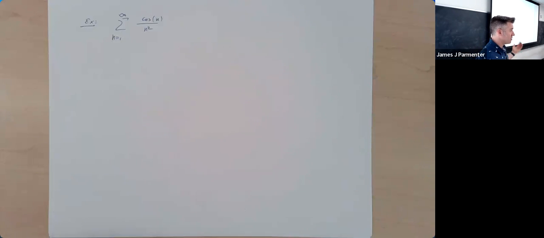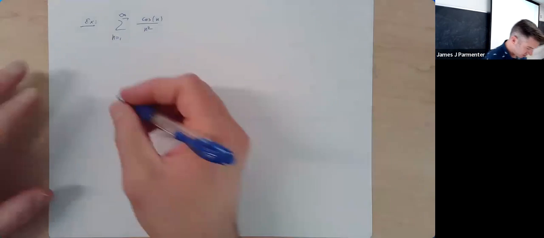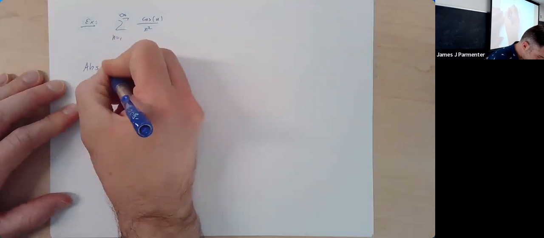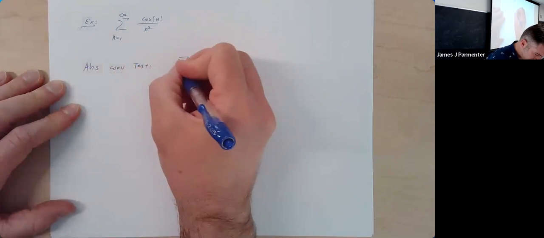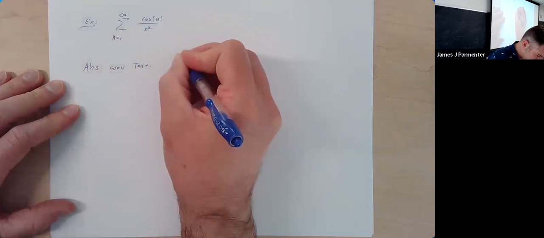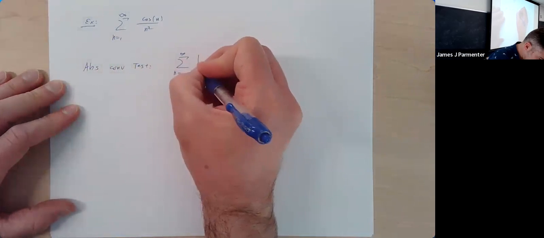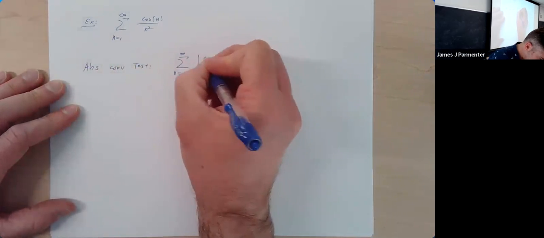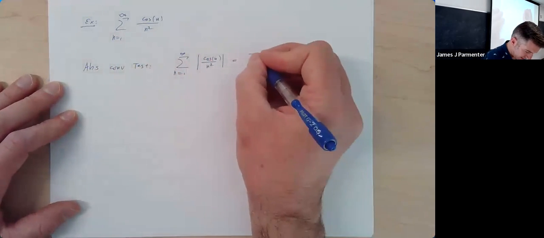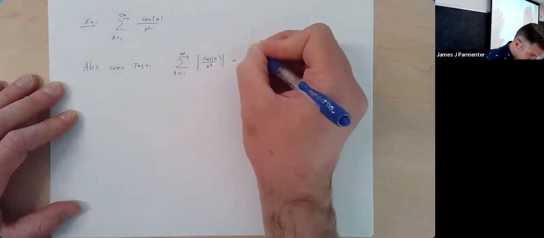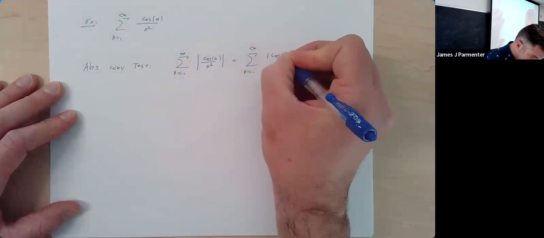But you can totally use the absolute convergence test. So we're going to look at the sum from n equals 1 to infinity of the absolute value of cosine of n over n squared, where I would not necessarily write the absolute value around the n squared because I know that n squared is already positive.